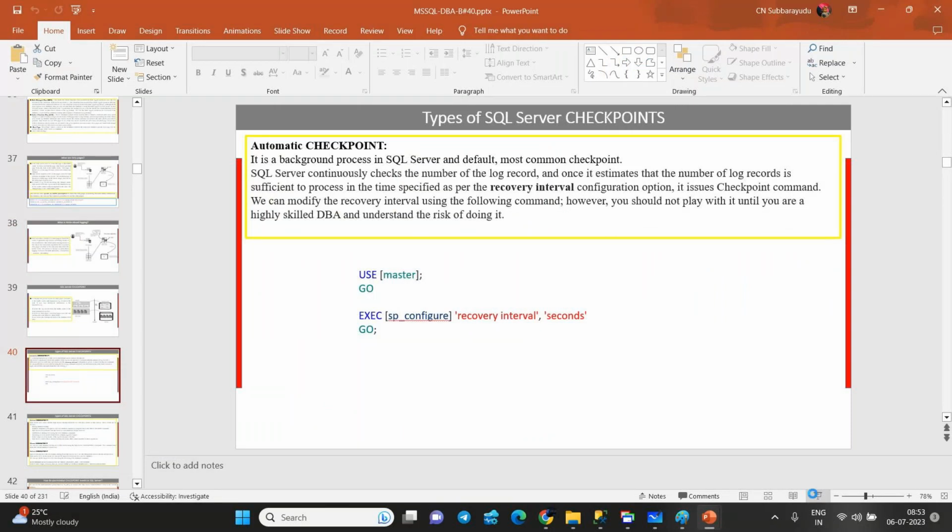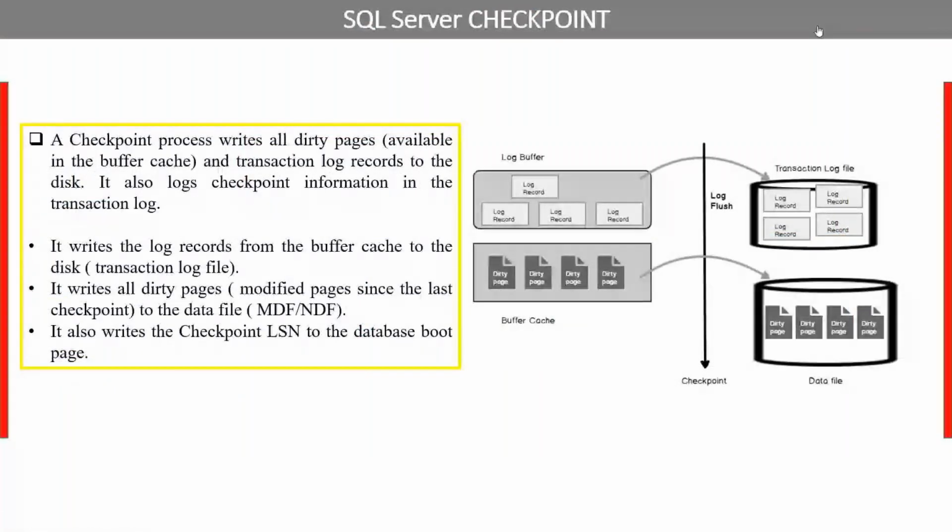Whenever checkpoint triggers, the checkpoint process writes all the dirty pages available in the buffer cache, and the transaction log records, to the disk.